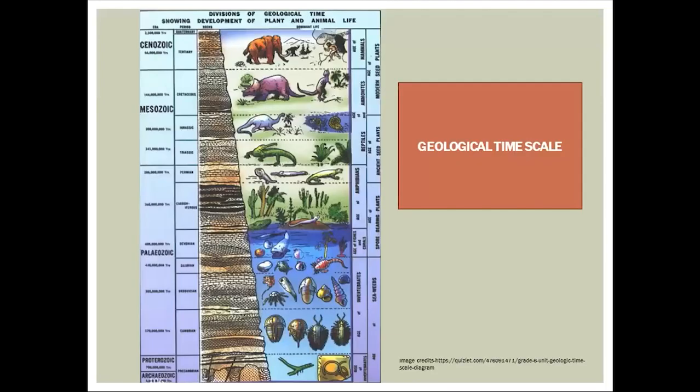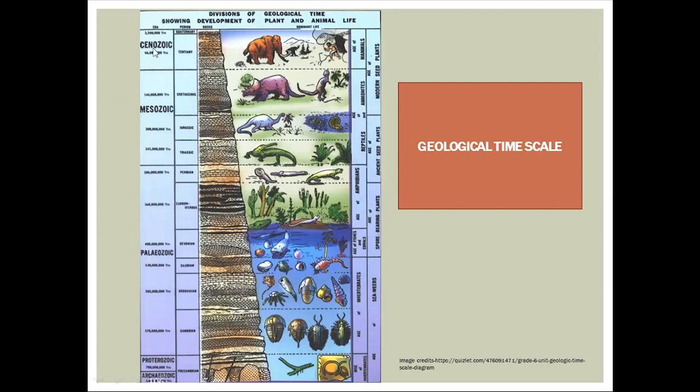Then we have discussed the geological timescale, that different animal communities or plant species were dominant during particular periods of different eras. So there are basically three eras: the Paleozoic era, which is the ancient life, then the Mesozoic era, which is the middle life, and the Cenozoic era.